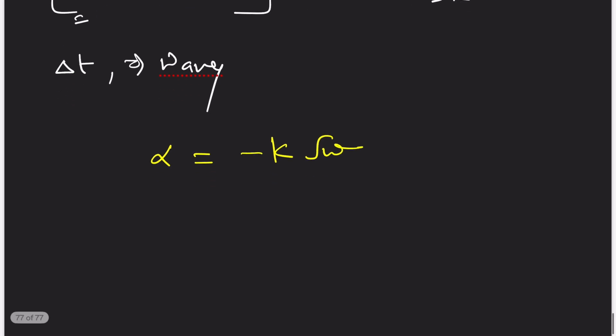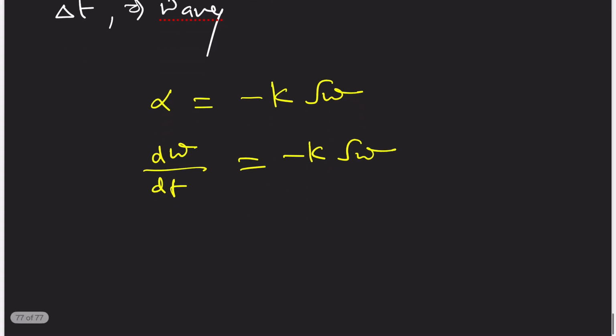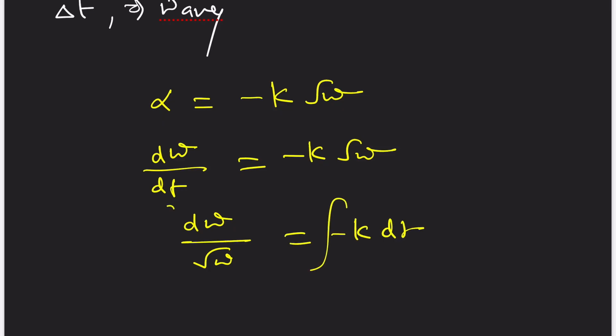Because I want to find out the time in this case, I can replace alpha with d omega by dt. So I can use this k root omega. From here, d omega by root omega is equal to minus k dt.